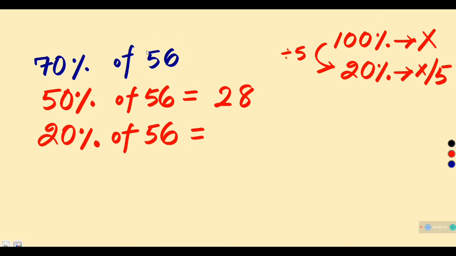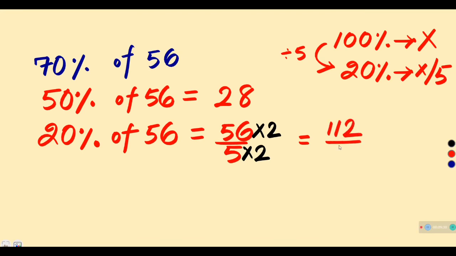So when you divide this number by 5, 56 divided by 5. Now this seems to be complicated, but this is also easy. All you need to do is to multiply by 2. 56 times 2 is 112, and this is over 10. In the denominator we have only 1 zero, so we have 1 decimal place.